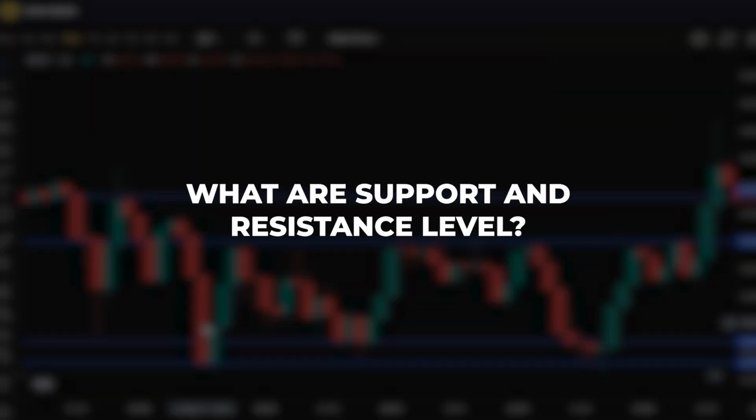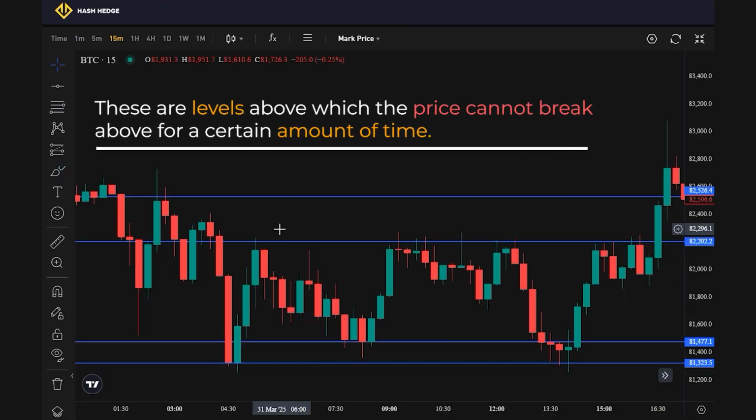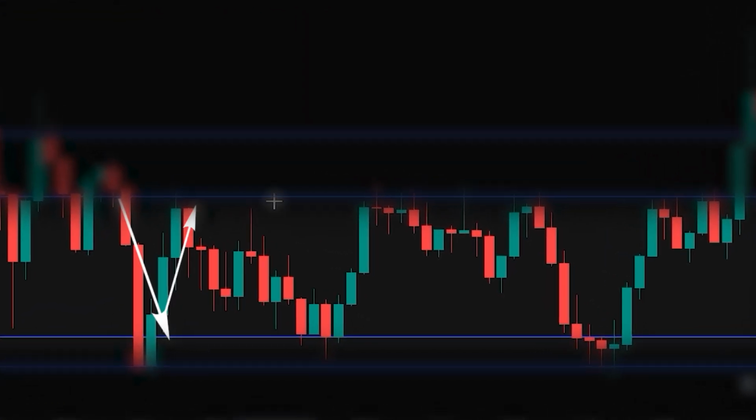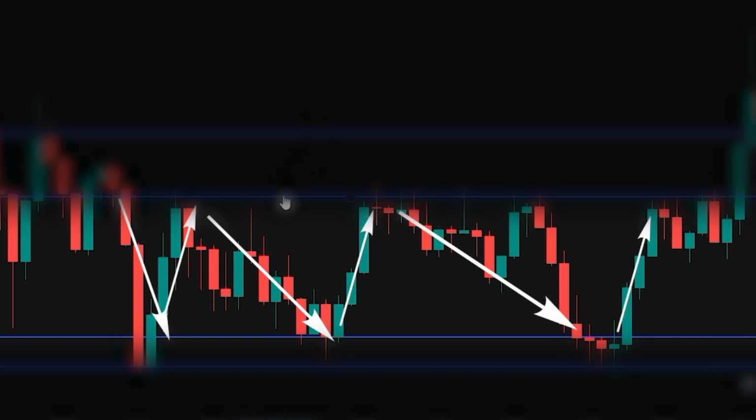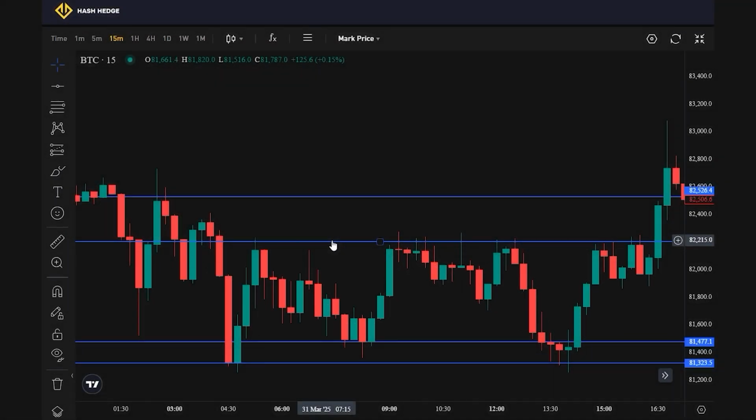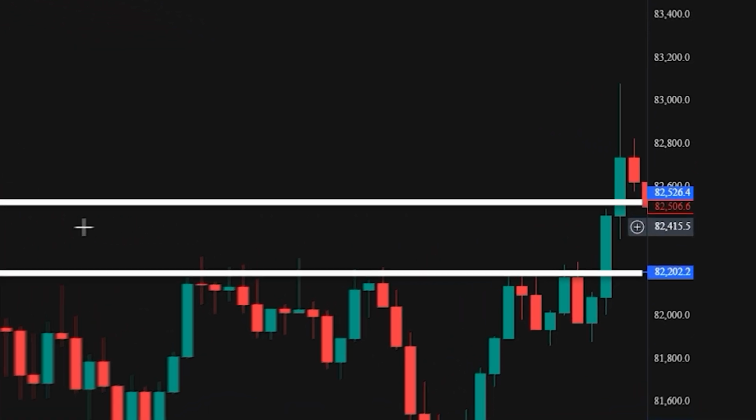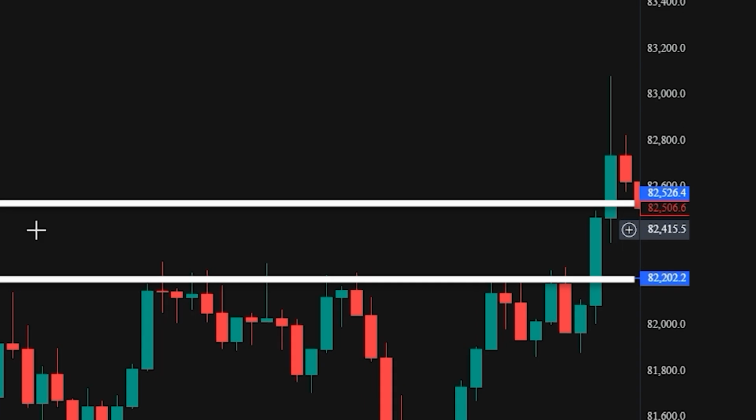What are support and resistance levels? These are levels above which the price cannot break above for a certain amount of time. What does that mean? This means that there are pending orders from other traders at these price points. In our case for Bitcoin, for example, at the price of 82,200, at the price of 82,500, there are pending orders of other traders to sell.